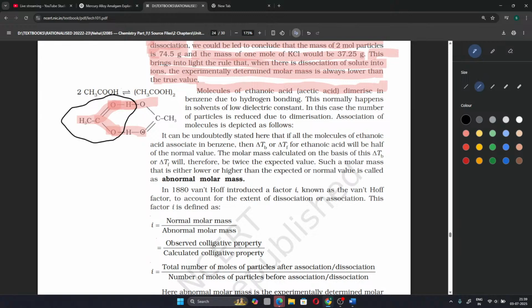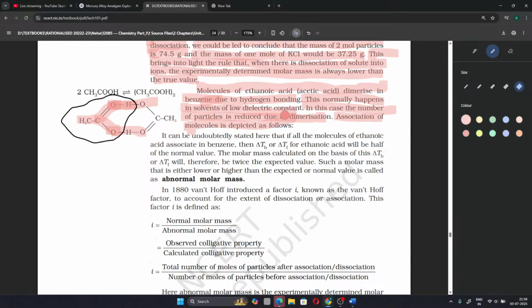The second one is another molecule. Due to hydrogen bonding, they get dimerized. They form a dimer. This normally happens in solvents of low dielectric constant. In this case, the number of particles is reduced due to dimerization.